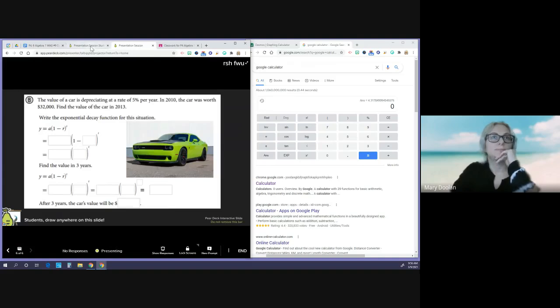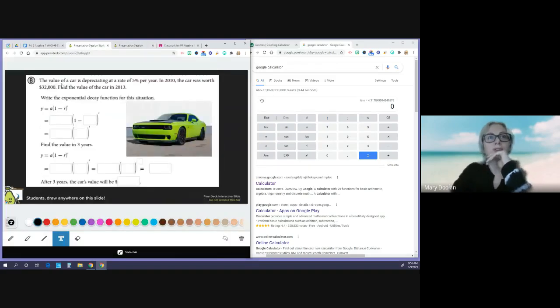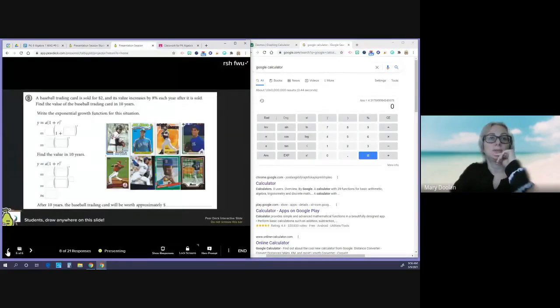So here we go. The value of the car is depreciating at a rate of 5% per year. That's our rate. Let me try to be consistent and use the same colors that I used on the other one.